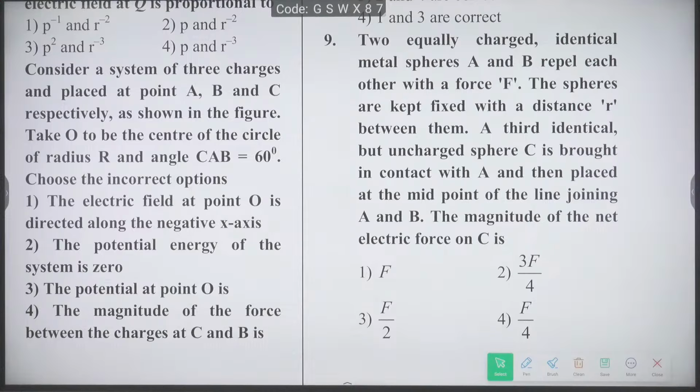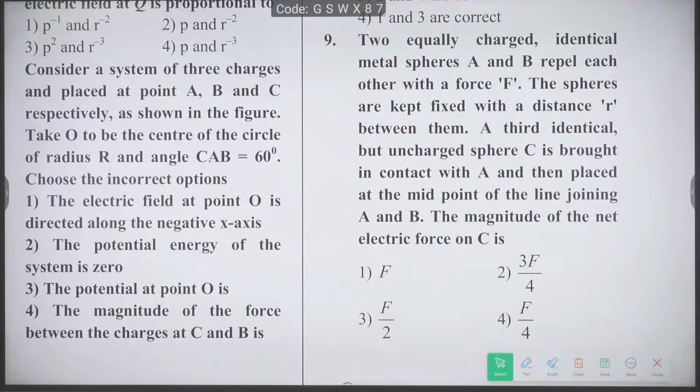Option number 2. A lot of answers are coming. All are saying 2. One answer came 3. Okay, 2.